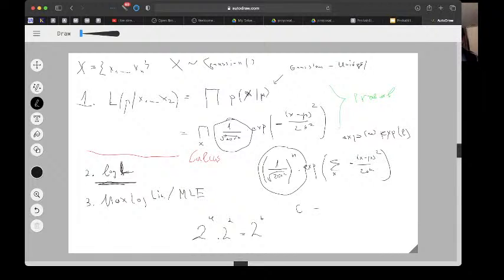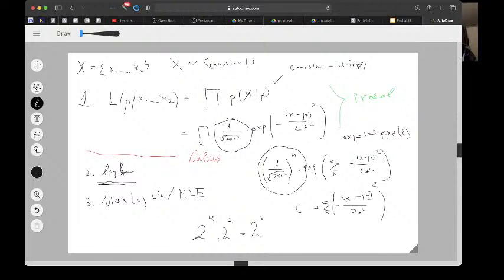So you have something like this for your log likelihood. And then when I take the derivative, this part is gone. Here use the chain rule. And then set the derivative to 0.